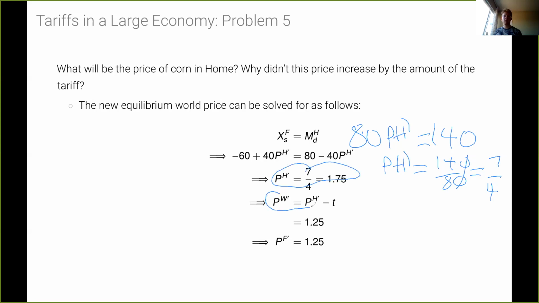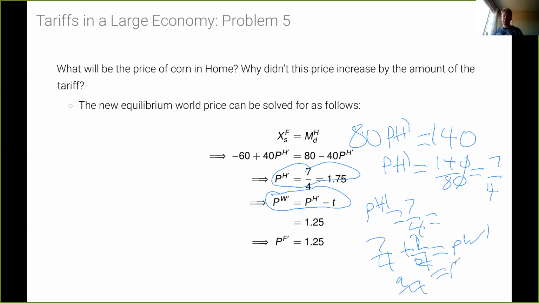Okay, so the new world price is going to be 7 over 4. But recall that the world price is going to be whatever home's price is minus T. And if PH prime is equal to 7/4, then, recalling that the tariff was half, I can just make this 2/4, and so that's going to be 9/4 as the new world price.